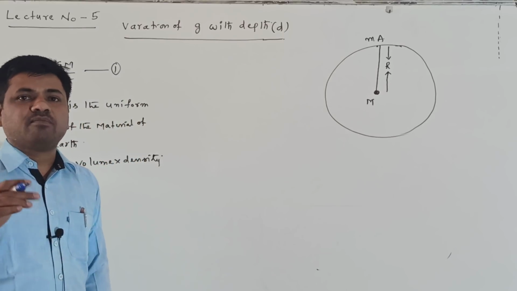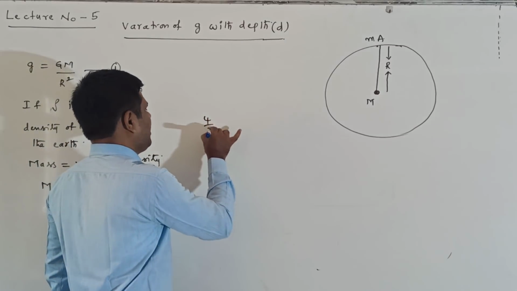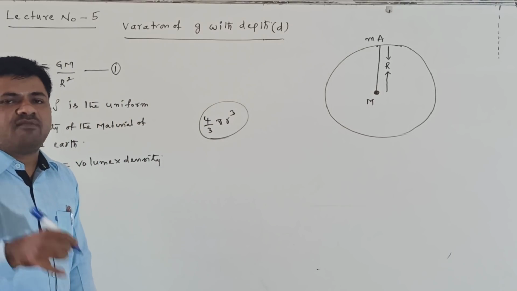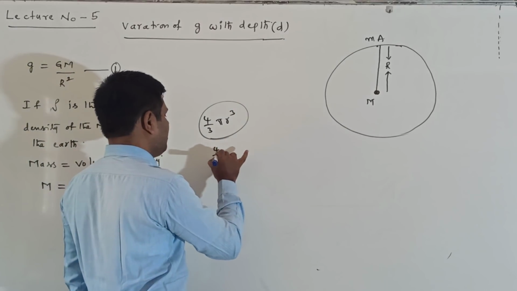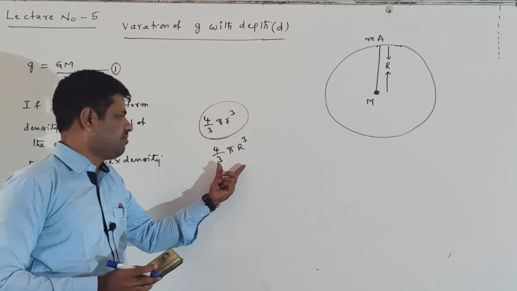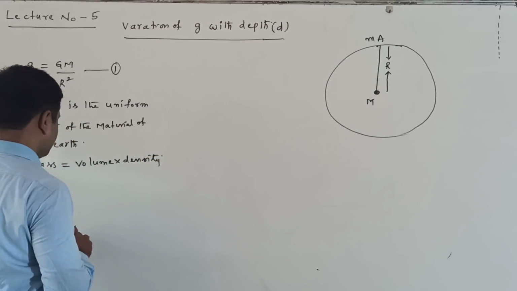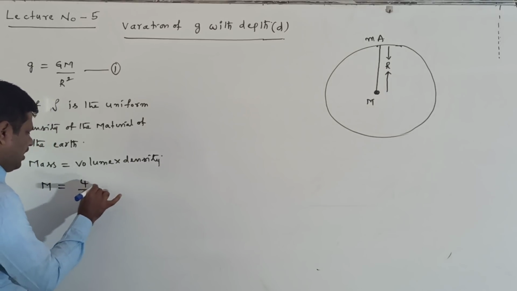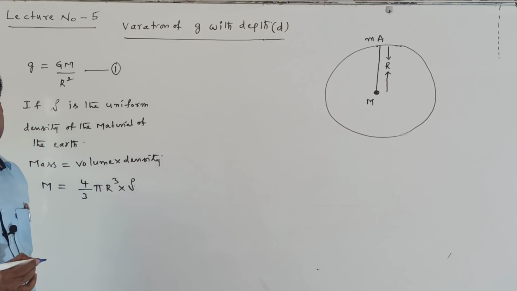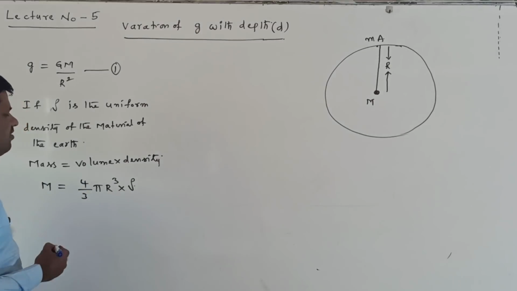The sphere volume formula is 4 by 3 pi r cube, but here the radius is capital R. So the volume of the earth can be written as 4 by 3 pi R cube, into density, which I consider as rho. So M equals 4 by 3 pi R cube rho. This is equation 2.